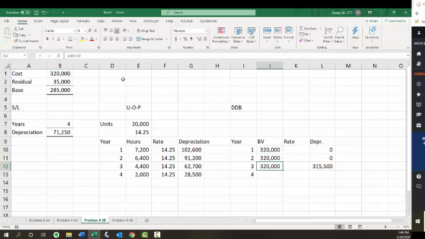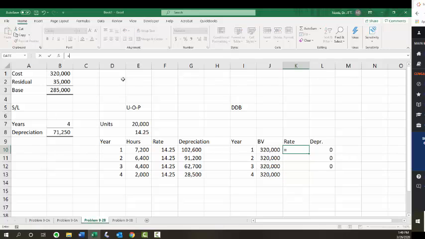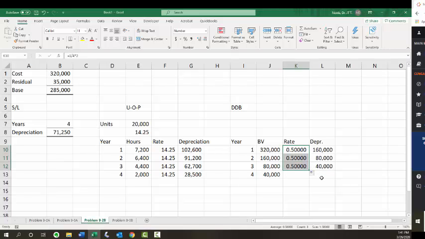The book value for year 1 under double declining balance is $320,000. The rate now is going to be 1 divided by 4 times 2, or 50%. That is what we're going to use for the first 3 years.